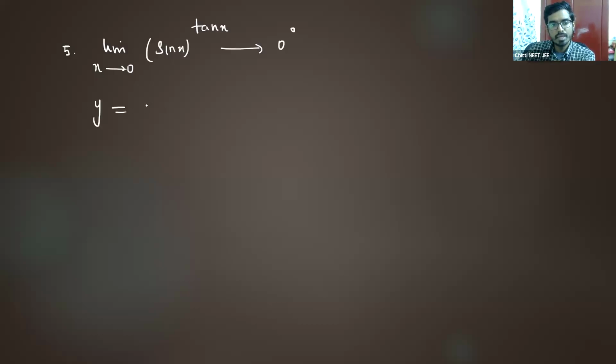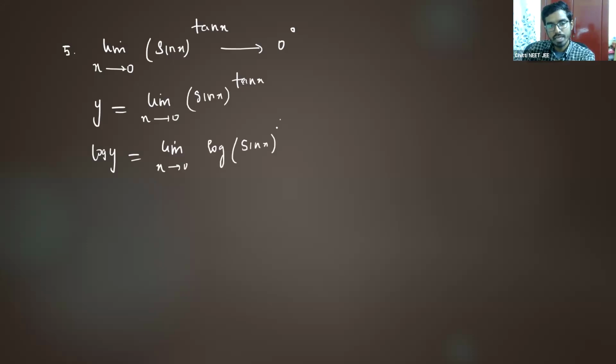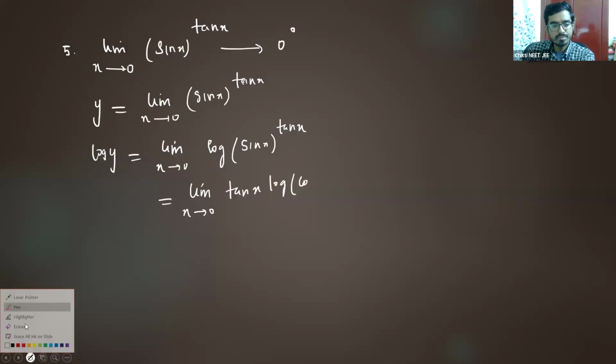So again, same technique, y is equal to limit x tending to 0, sin x whole power tan x. You take log on both sides. So log y is equal to limit x tending to 0, log of sin x whole power tan x. So this is limit x tending to 0, tan x of log of sin x.